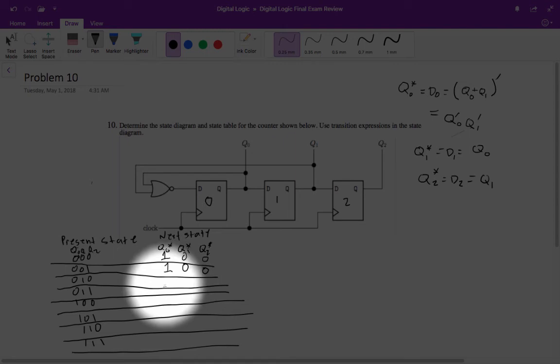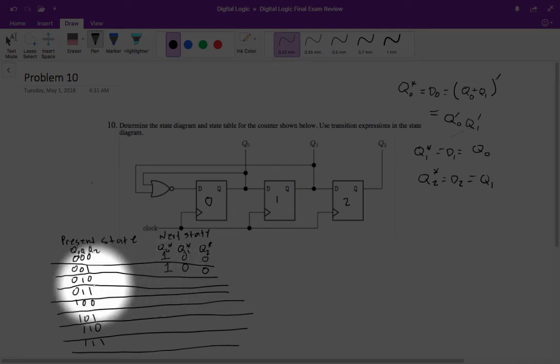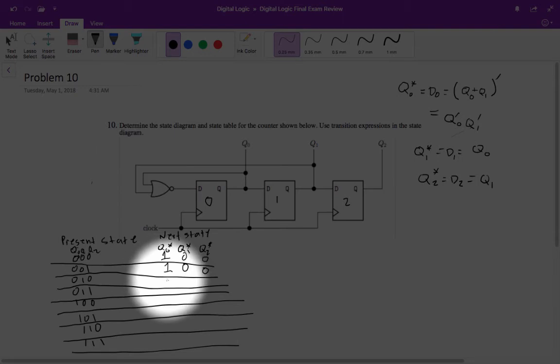Now for 0, 1, 0, Q0 star is Q0 prime and Q1 prime. So Q0 prime is 1, Q1 prime is 0, so that's going to be 0. Q1 star is Q0, so that'll be 0. And Q2 star is Q1, so that'll be 1.